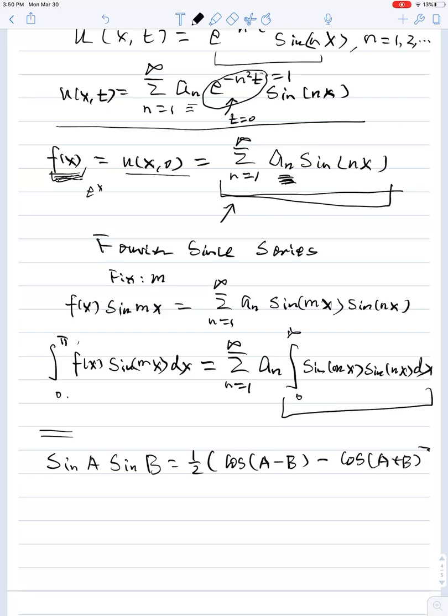We actually learned about this in Cal 2 as well, but you can go back to your trig identities. So, you can verify this easily.